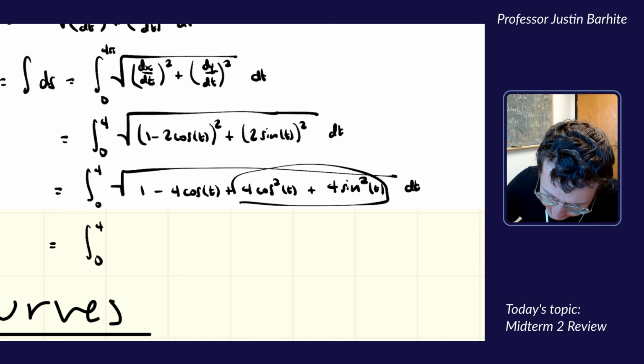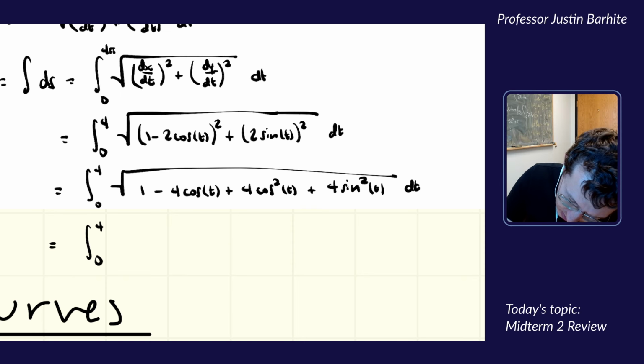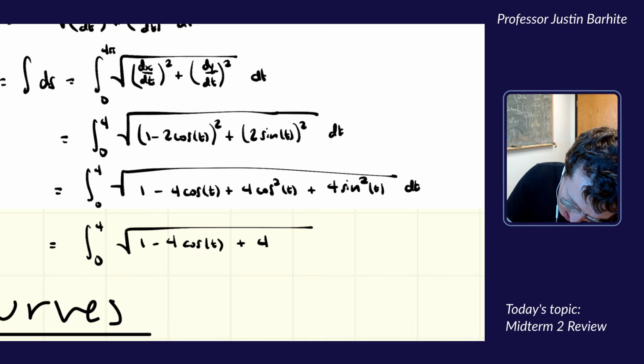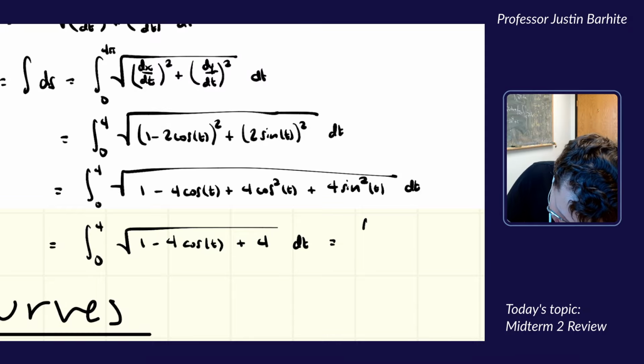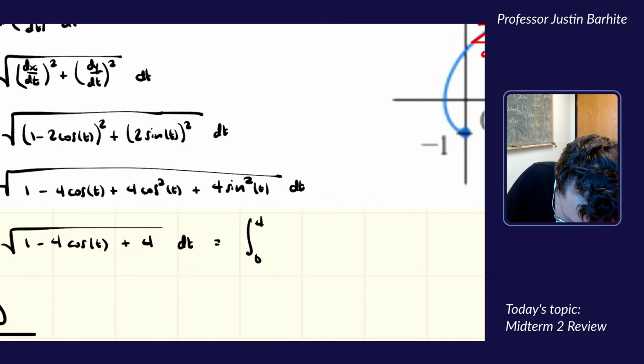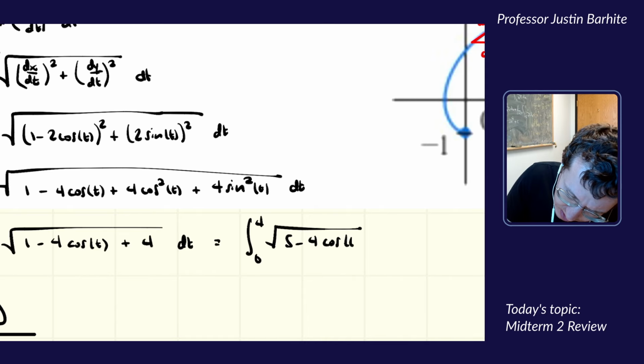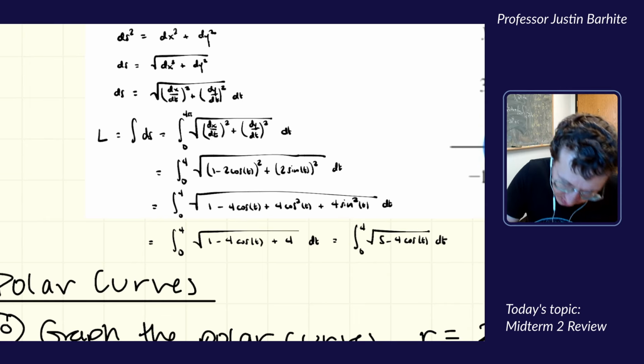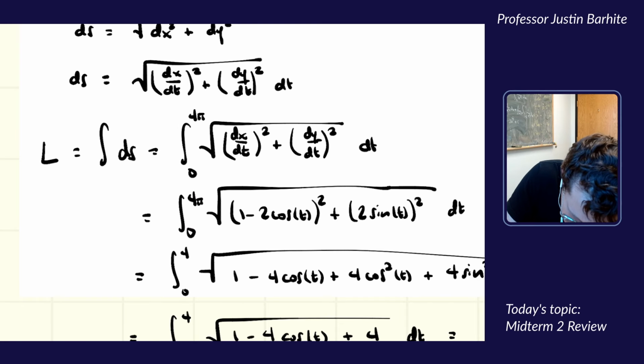Okay, that simplifies at least, because cosine squared t plus sine squared t is 1. So I'm supposed to integrate the square root of 5 minus 4 cosine of t. Whoops, all of these 4s should be 4 pi's.